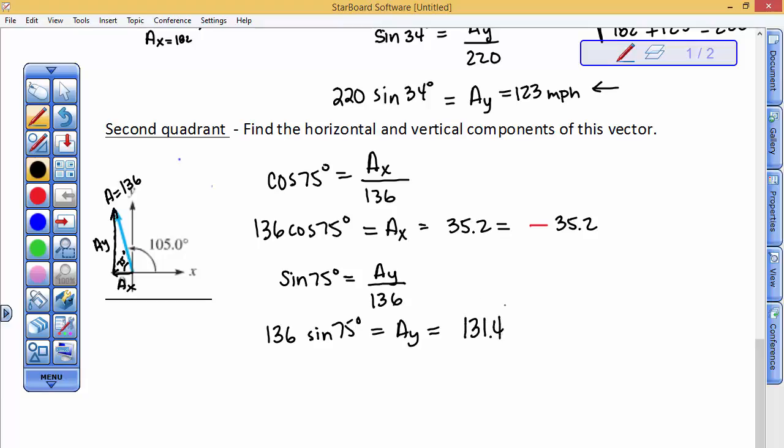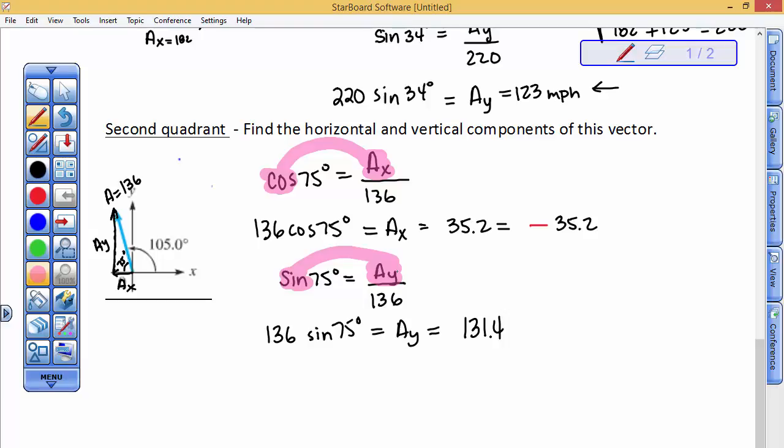Well, that's good. That one's positive, and it's supposed to be positive because this vector goes upward. So here's my two answers for this problem. And it's looking as though cosine is always used for an x component, and sine is always used for a y component.